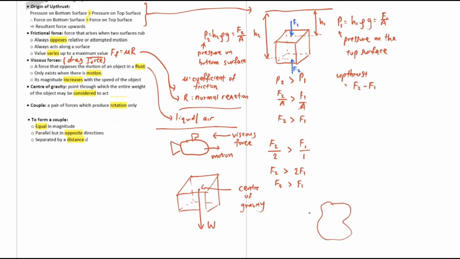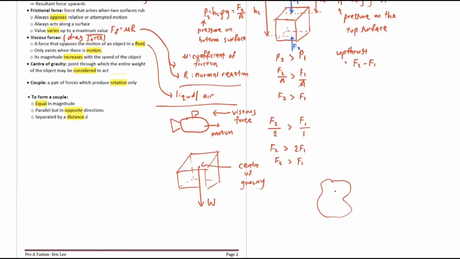You have to take a string and hang it here. Let's say you penetrate through one point here, and then you hold a string, put a bob at the bottom, then you use your pencil to draw a line, following the string.